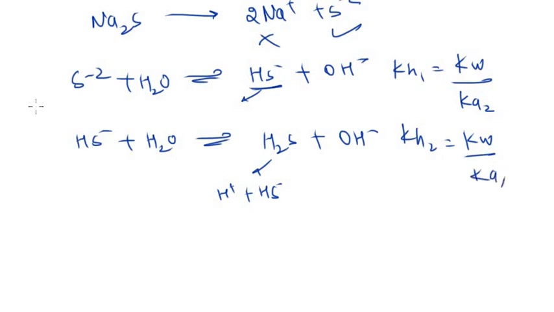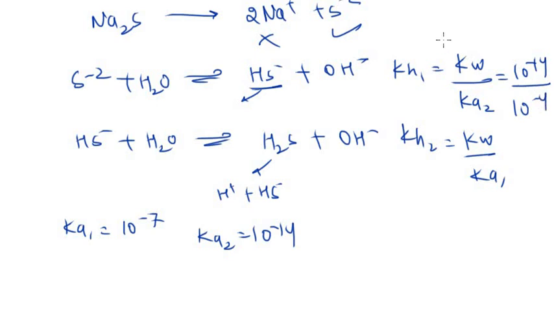Now the values of Ka1 and Ka2 are given. Ka1 is 10 raised to power minus 7 and Ka2 is 10 raised to power minus 14. So KH1 is Kw, 10 raised to power minus 14, divided by Ka2, which is 10 raised to power minus 14, so KH1 is 1.